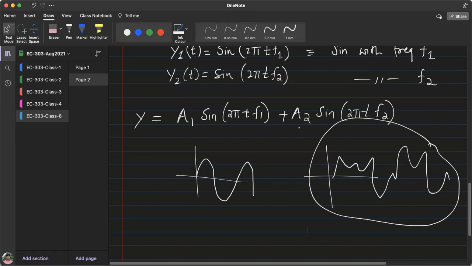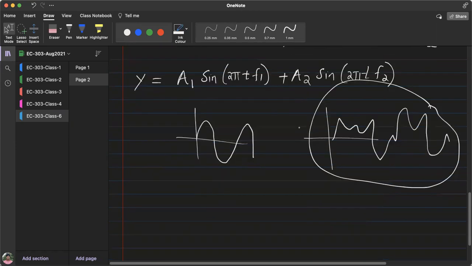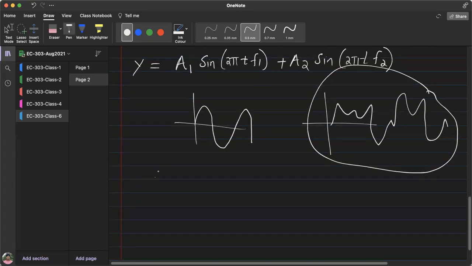Imagine I gave you just values of t and corresponding values of y. Imagine I gave you a vector like this, t and y, lots of time values and corresponding y values.